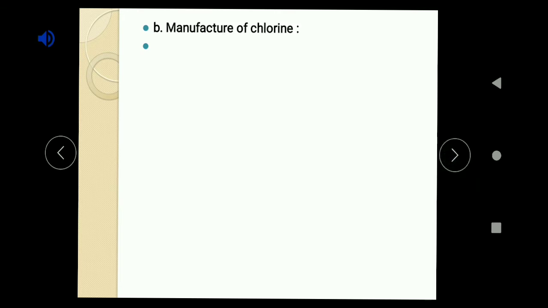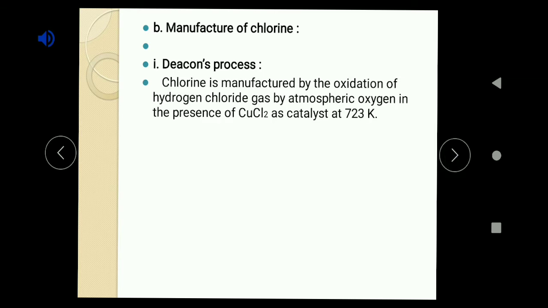Now we will see the large scale preparation of chlorine, that is industrial methods of preparation of chlorine. The first process we use for that is Deacon's process, in which chlorine is manufactured by oxidation of again HCl by atmospheric oxygen in presence of CuCl2 as a catalyst at the temperature of 723 Kelvin.